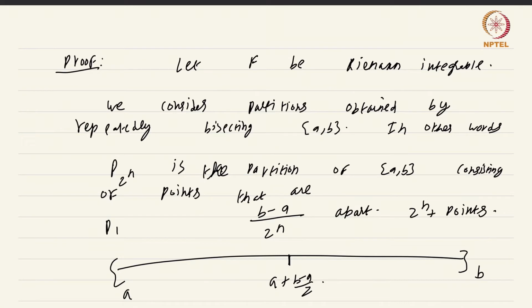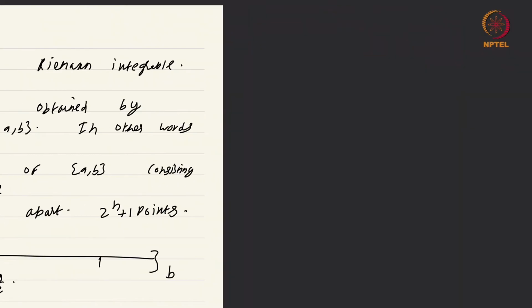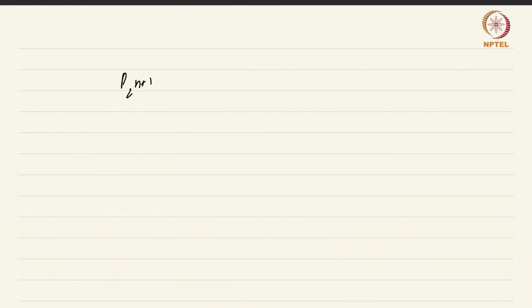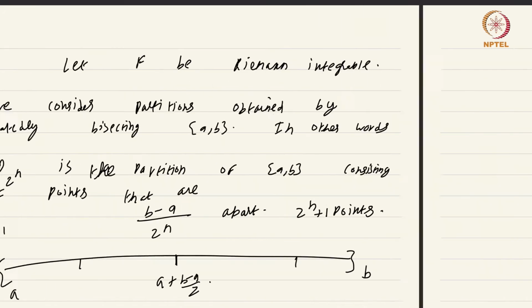So to be precise, there will be 2 power n plus 1 points. Similarly, when you consider P2 power 2, you will have 2 more points for a total of 5 points. Now the key thing that is very interesting about this sequence of partitions is obviously P2 power n plus 1 is a superset of P2 power n. So these partitions are nested, and this is going to be crucial.